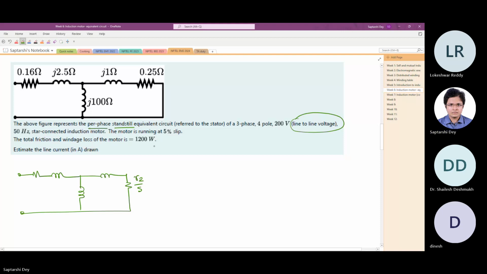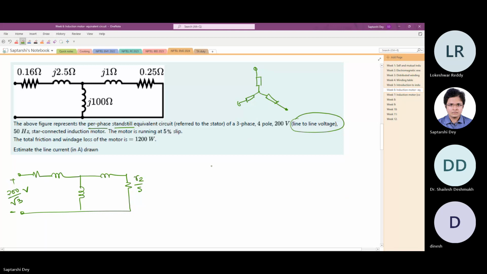Now 200 volt is the line to line voltage, and it's a star connected induction machine, so the phase voltage will be 200 by root 3 volt here. We have to find out the line current.